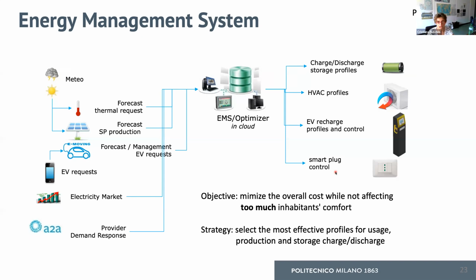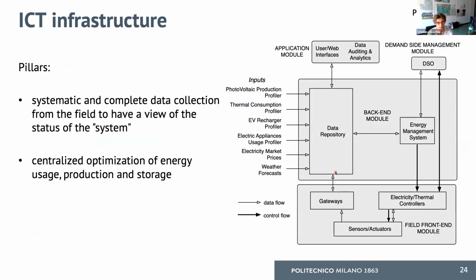The ICT infrastructure is quite distributed, and it was based on two main items: the systematic and complete data collection from the field. So here we have a data repository that collects the information on the photovoltaic production, the thermal consumption, and so on, all the profiles of the elements part of the system, together with the weather forecasts.